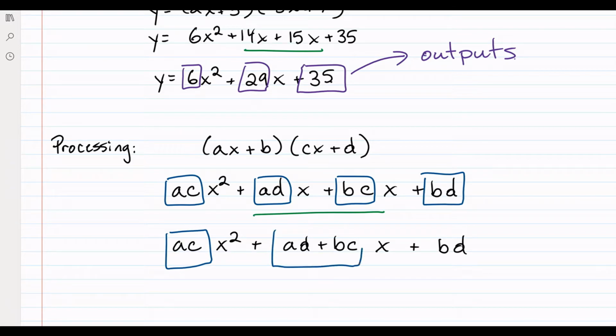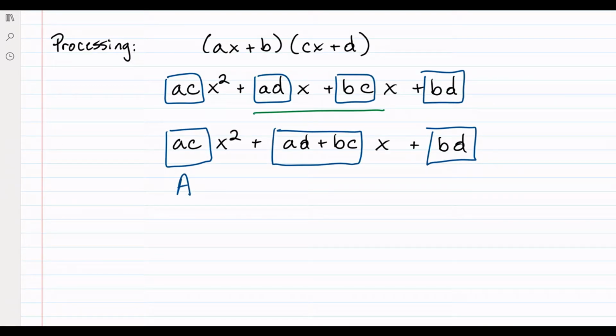So here are the three numbers that I would need in terms of the variables entered from the keyboard. This is my A, this is my B, and this is my C. That should be pretty straightforward to implement in code.